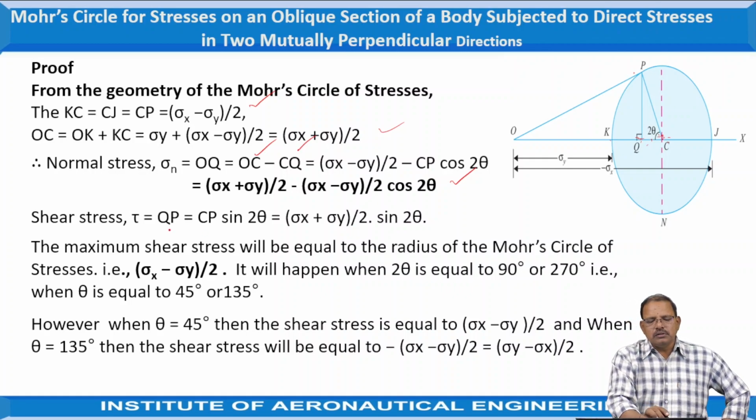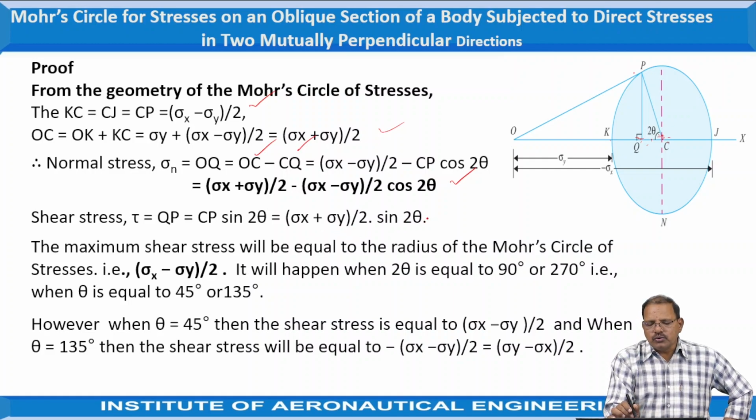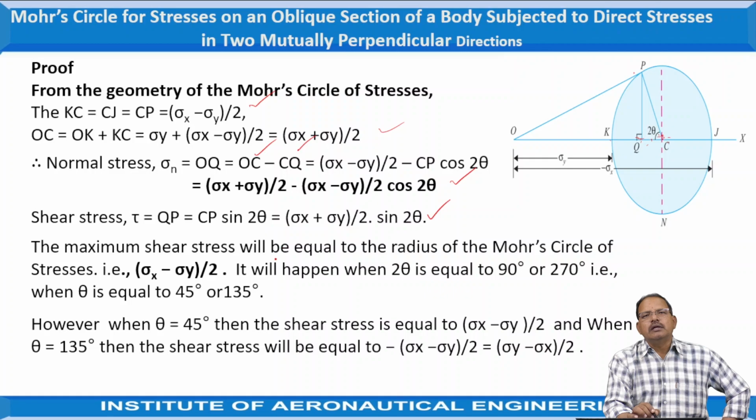PQ is equal to CP into sin 2 theta, where CP is the radius of the circle, equal to (sigma x minus sigma y) by 2, into sin 2 theta. So we got the same results as we achieved earlier by the analytical method.